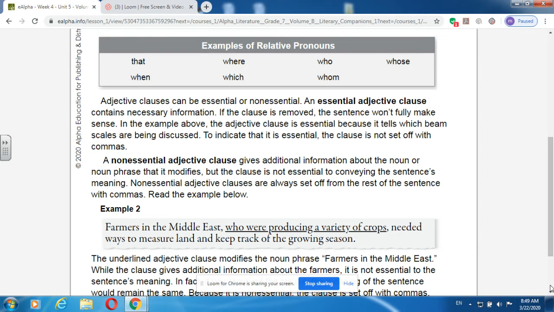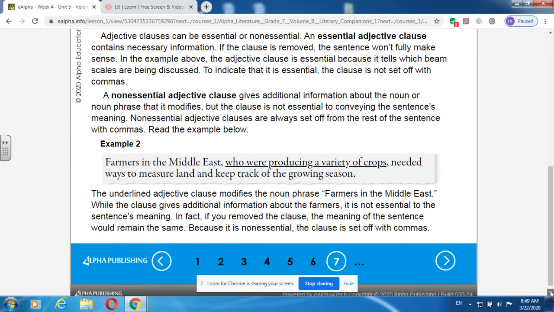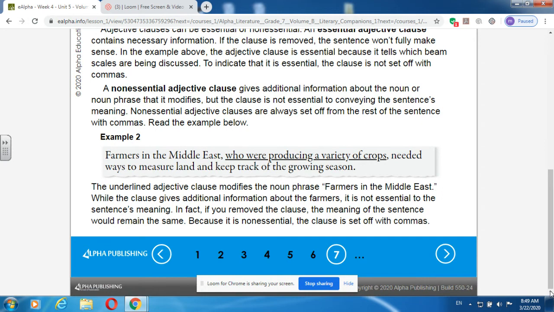Example: Farmers in the Middle East, who were producing a variety of crops, needed ways to measure land and keep track of the growing season. The underlined adjective clause modifies the noun farmers in the Middle East, while the clause gives additional information about the farmers.